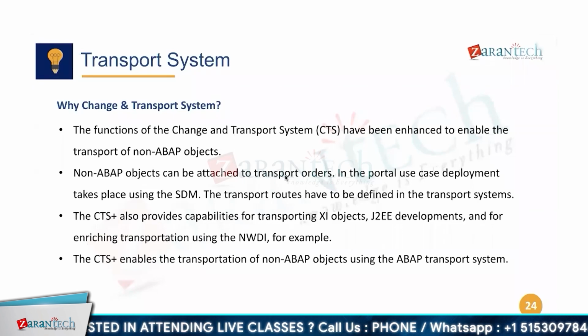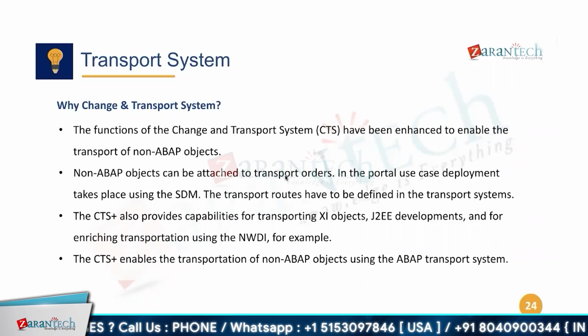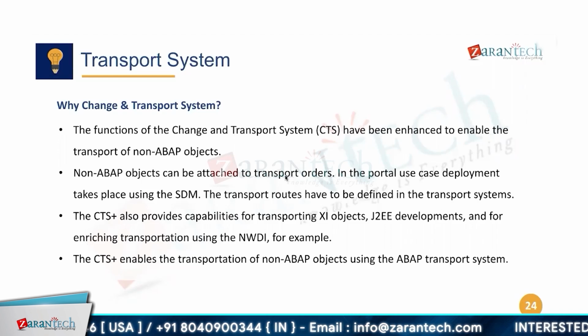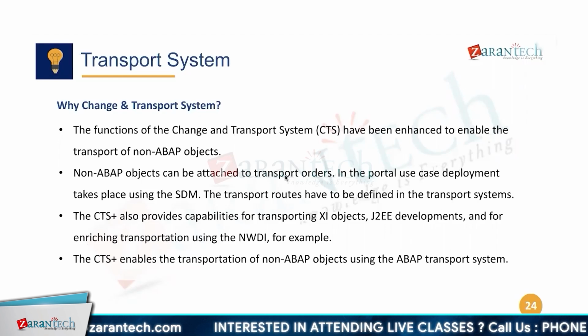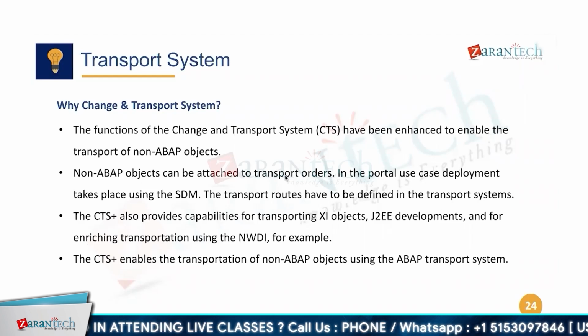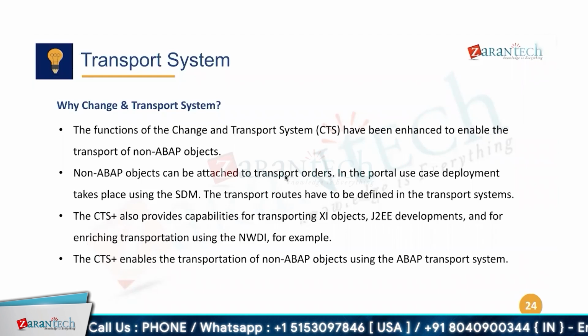Either you use this CTS plus, or we can also use telnet for the customizations or these deployment files. I don't know if you have heard of telnet. With that also we can do that. So this change and transport system, CTS, is an enhanced version of the transport system, which has the capability to import ABAP or non-ABAP J2EE development or the XI object transports.